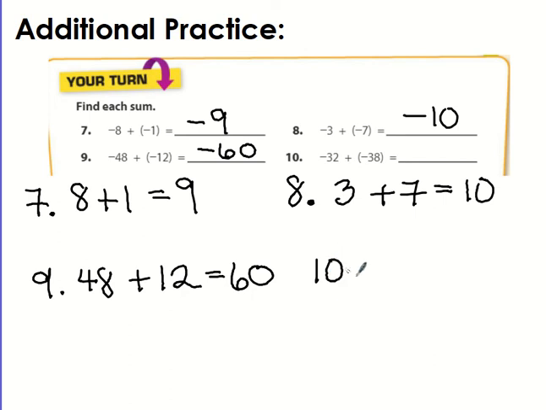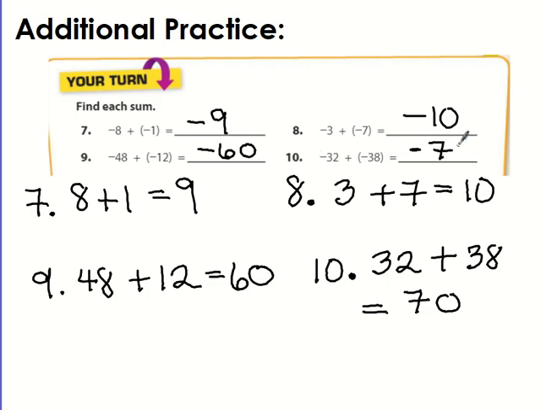And then number 10: 32, because negative 32 is 32 away from 0, plus 38, because negative 38 is 38 spaces away from 0. Add them together, that's 10. 3 and 3 makes 6, plus my 1 makes 7. But because they're negative here, I'm going to make it negative here: negative 70.